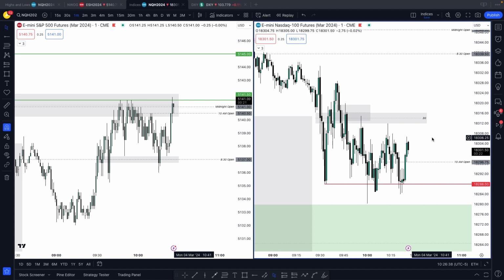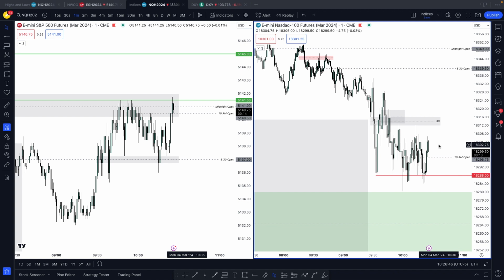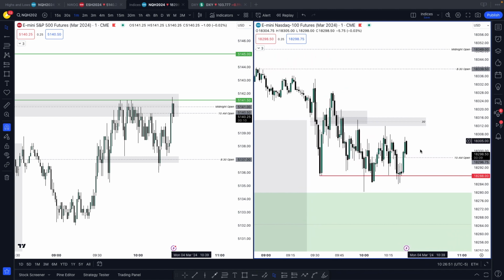There's still nothing super clear this morning that I'd be eager to be a participant in. I wouldn't be looking to trade any of this myself. But we're drawing down toward this 1 minute BISI.